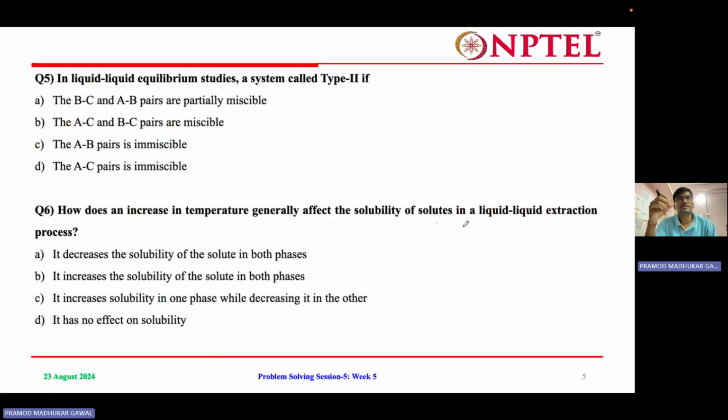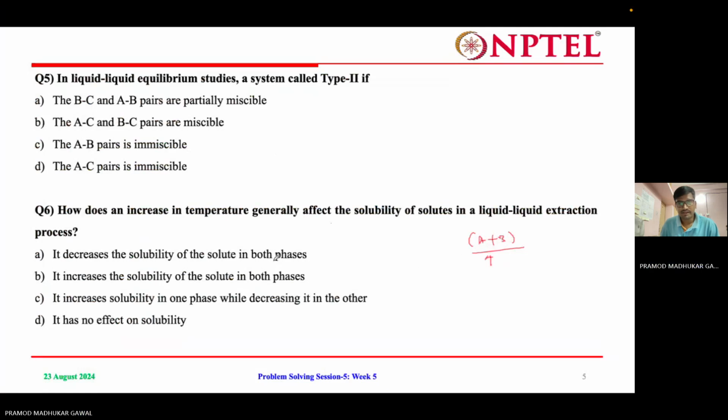Like in A plus B systems, mixing on heating increases the solubility, so we are trying to mix A into B, so it increases the solubility of A into B.